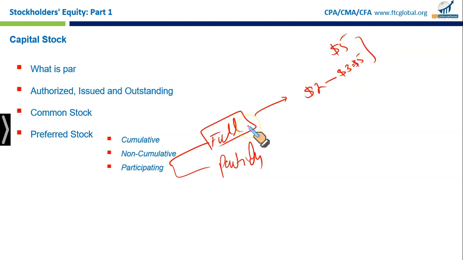This is in the case of fully participating. This $2 is the fixed dividend you get as a preferred stockholder. You will get an extra $3 to bring your dividends at par with the common shareholders. If it's partially participating, then out of this extra $3, maybe you will get $1 or $1.50 or maybe $2, but not full as in the above case.